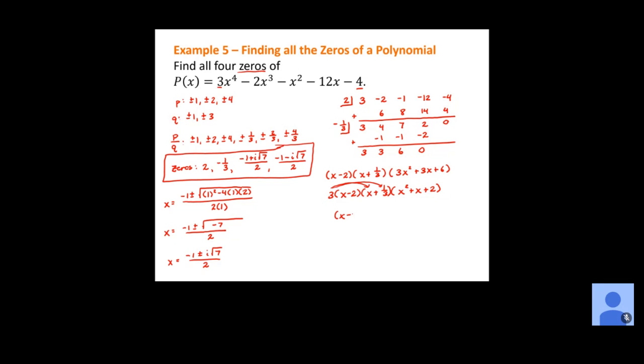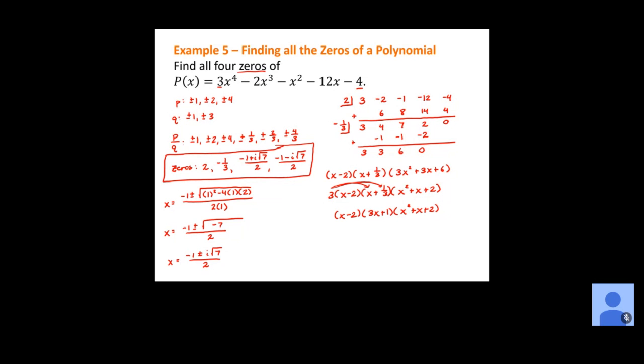And that would give us x minus 2 times 3x plus 1 times x squared plus x plus 2. And then that way we just don't have that fraction within a factor, right? We get the 3x plus 1, which is still going to give us the same 0. We would subtract 1, divide by 3. We still get -1/3 as the 0 from that factor now.